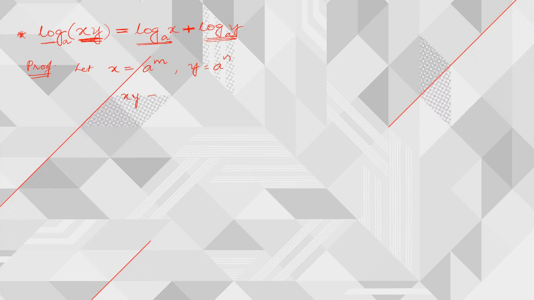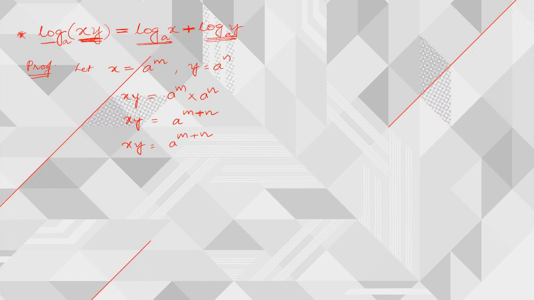So x into y is equal to a power m into a power n. Now, from the laws of exponents, I can write it as a power m plus n. So x into y is equal to a power m plus n.